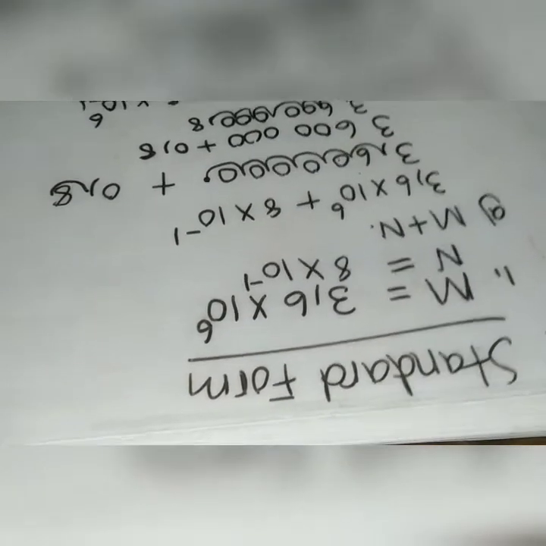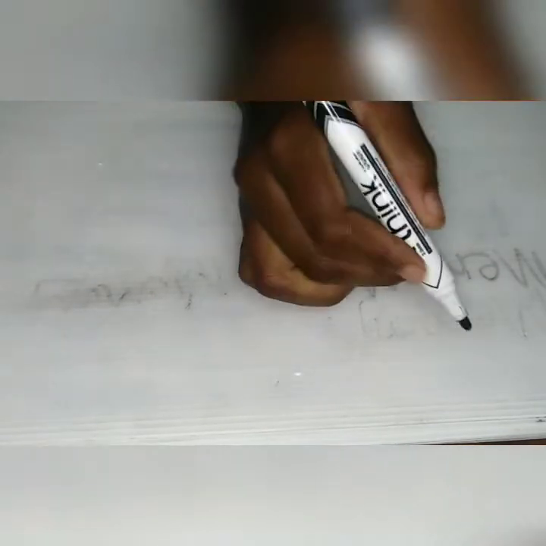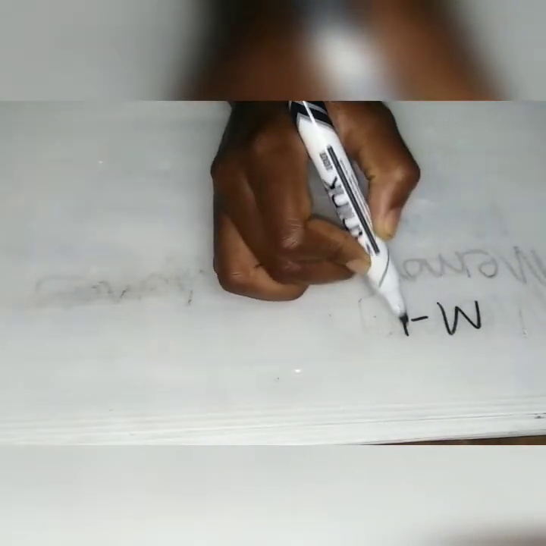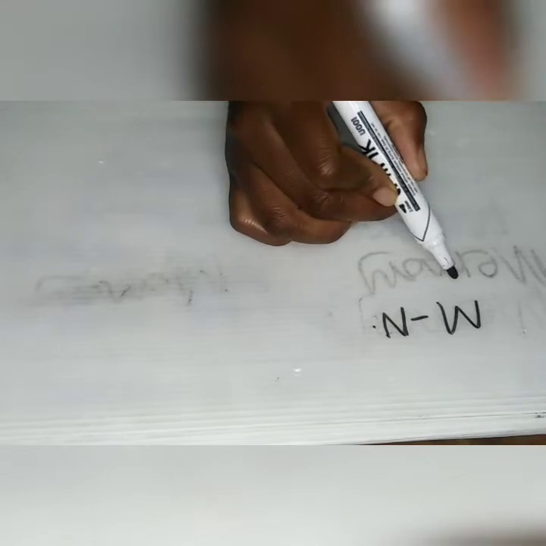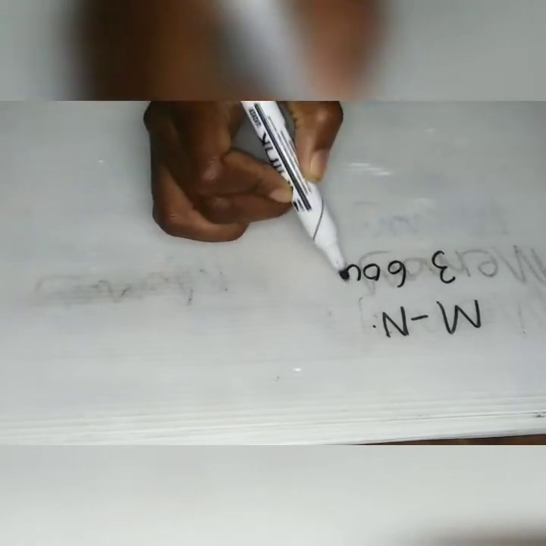Okay. Moving on to the next part of the question, which is m minus n. For m minus n, remember, after we have managed to write our numbers in ordinary form, we got 3,600,000, right?